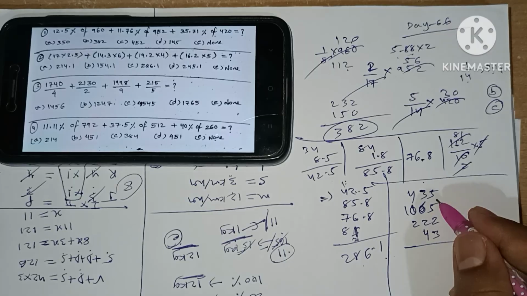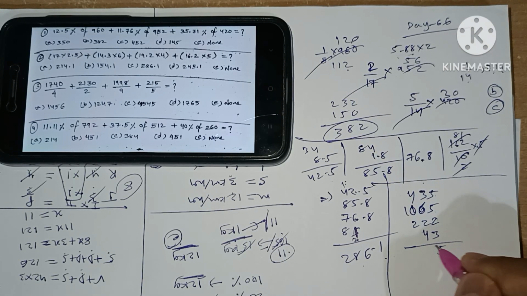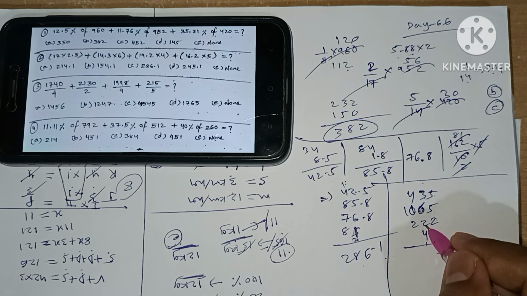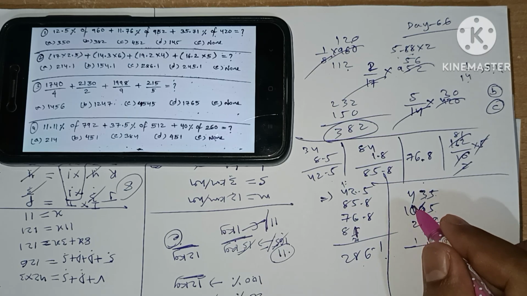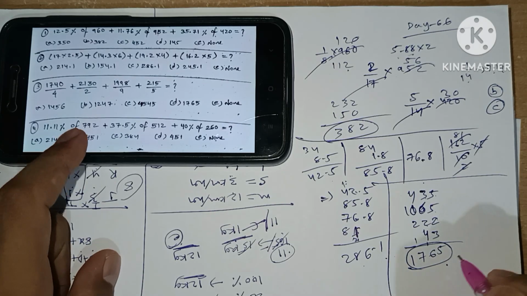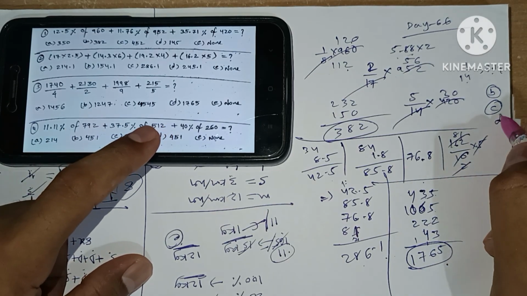So the sum of these three: 10 plus 15, then 6 plus 1 is 7. 1765 is our answer. Option D.